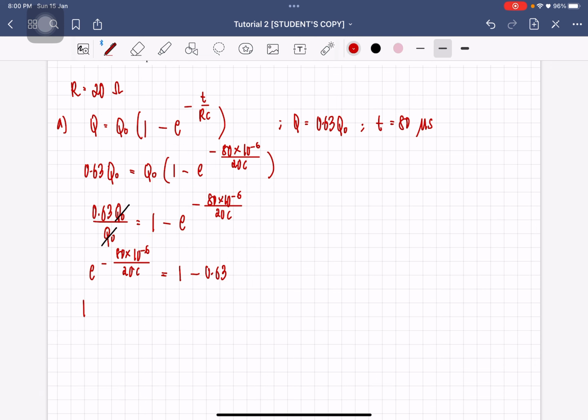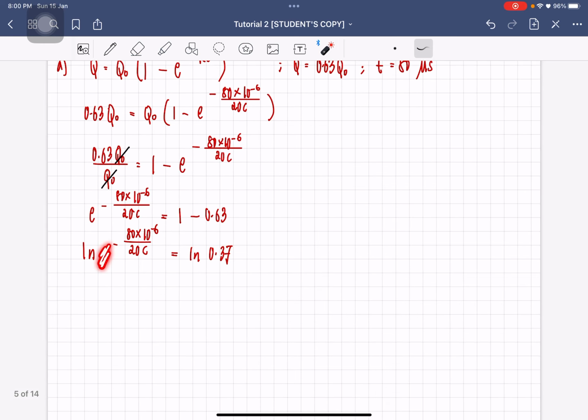So if we ln both sides, I forgot ln. If we ln both sides, we can remove this ln e here, so that this value becomes like this. Okay, so then we can solve it.